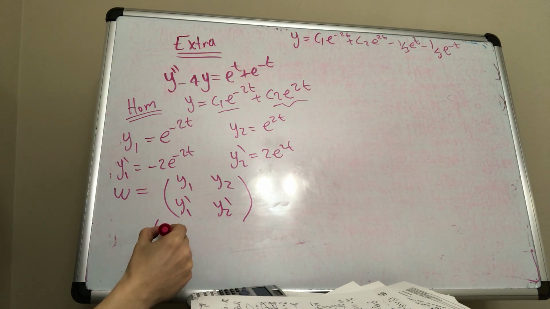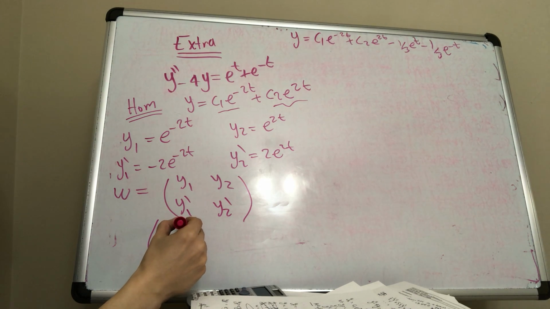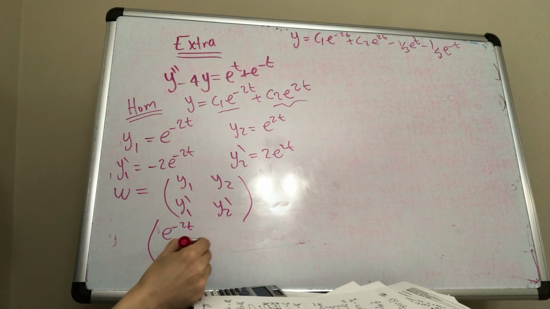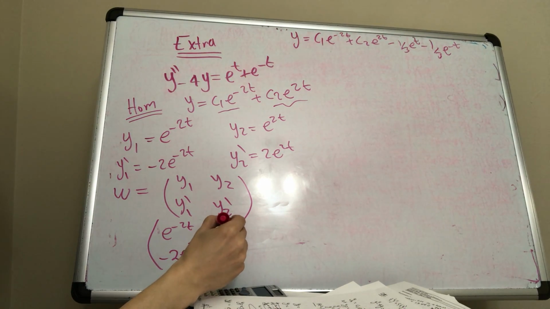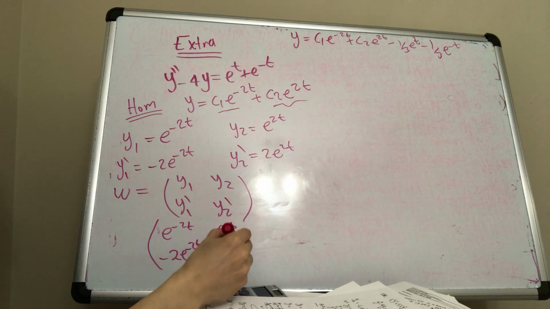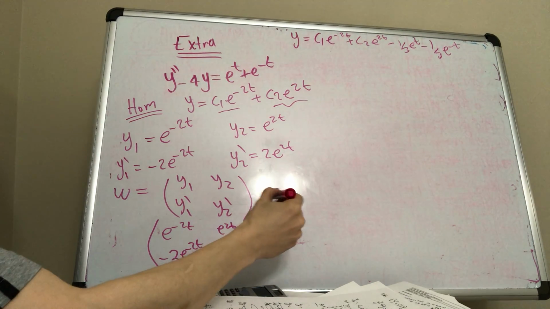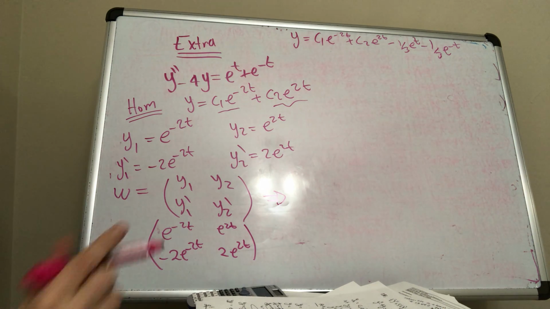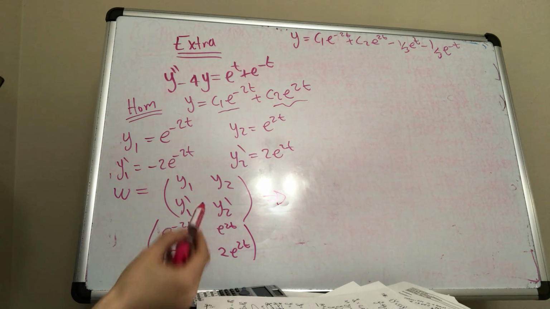So you put e to the minus 2t, and the derivative here, e to the 2t, and 2e to the 2t. Then you do the determinant, and you remember this times this minus this times this.